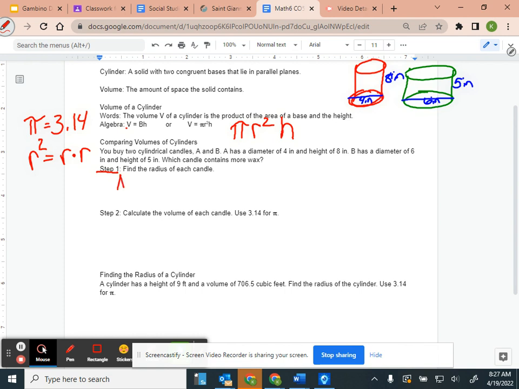So the radius of A would be what? It would be 2 inches. Because the diameter is 4 inches, half of that is 2. What is the radius of B? Our diameter is 6, so half of 6 is 3.